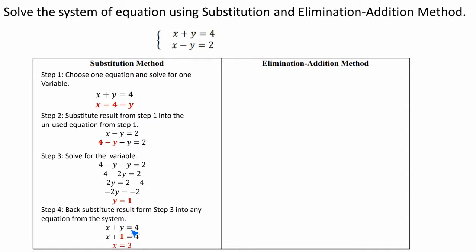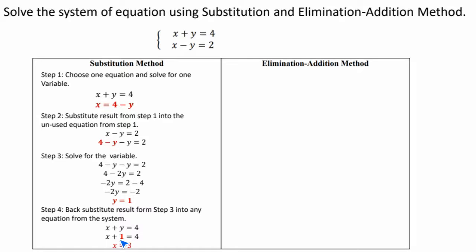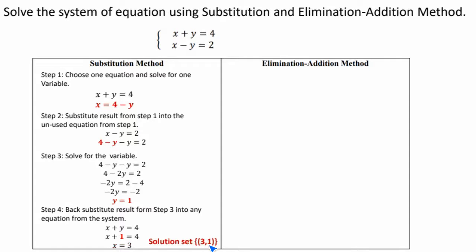So I have x plus y equals 4, but I already know y is equal to 1. So I have x plus 1 is equal to 4. Subtract the 1, and I get x is equal to 3. Now I know my x and my y. My last step is to write it as a solution set or as an ordered pair. So my x is 3 and my y is 1.